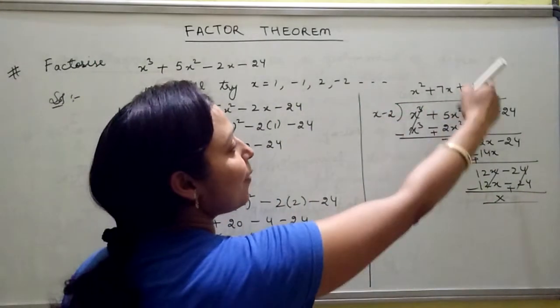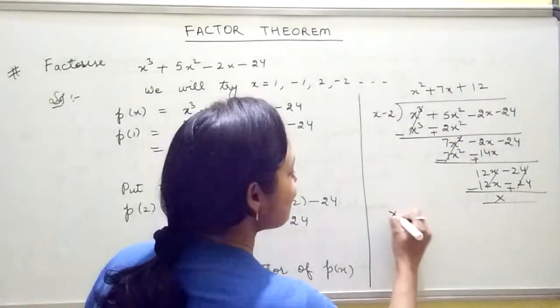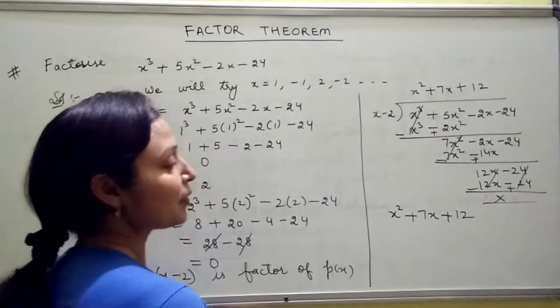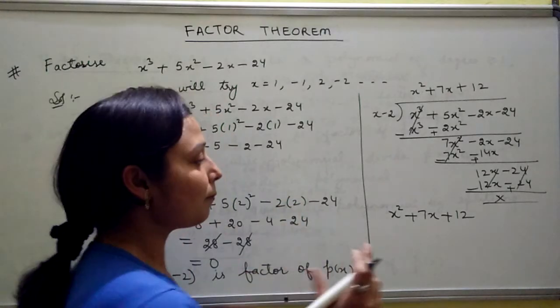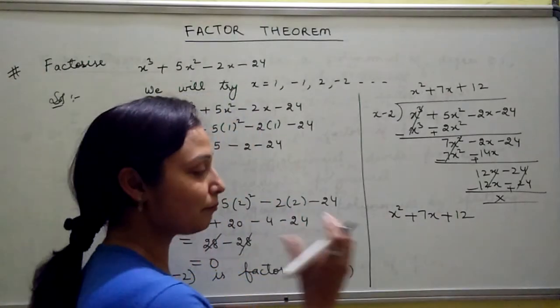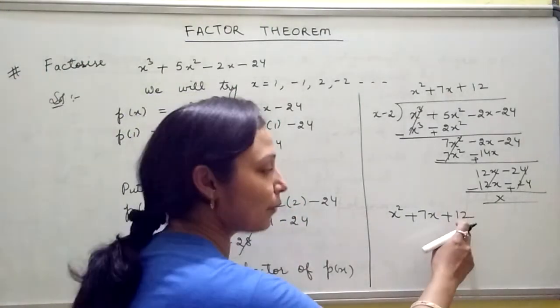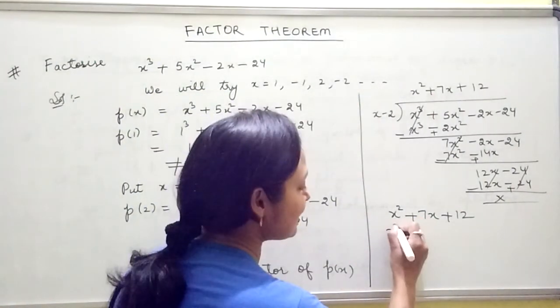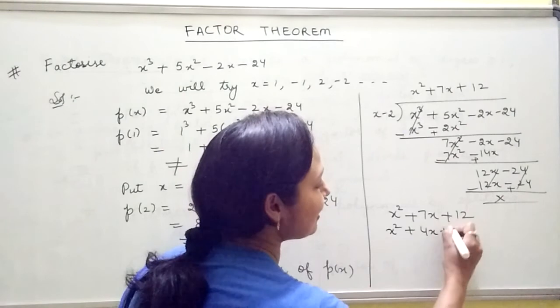Now come to this quadratic equation: x square plus 7x plus 12. Split the middle term. Find the two numbers which multiply to 12 and add to 7. That is 4x plus 3x.